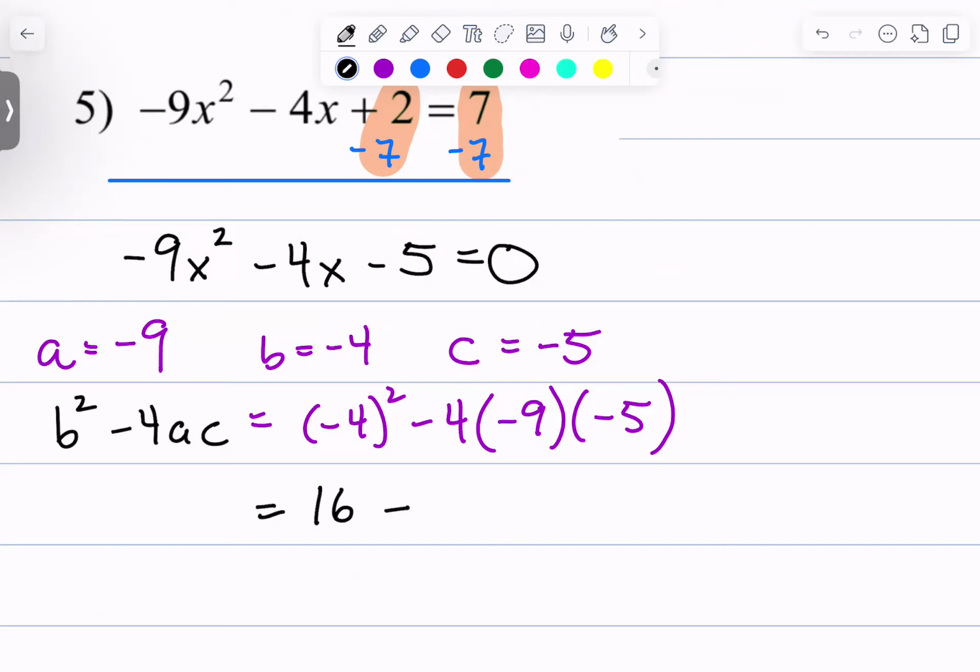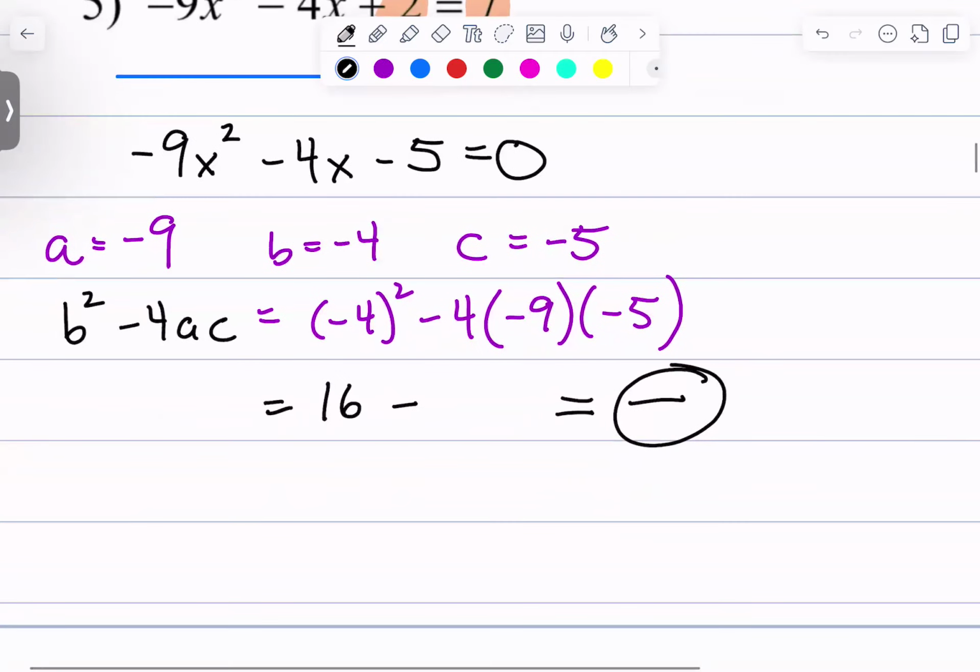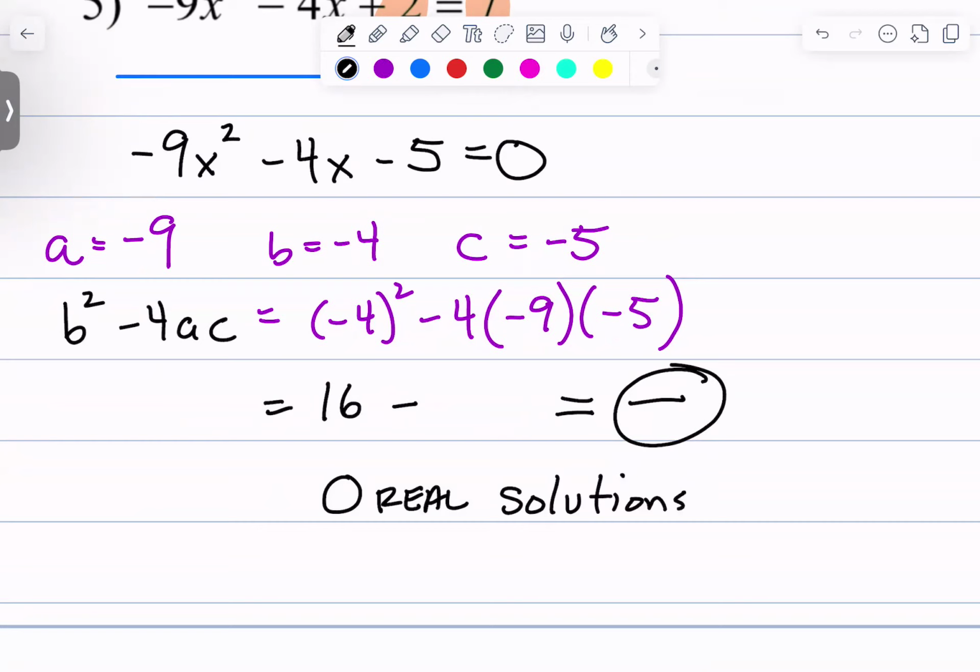I'm going to stop right there, because I know it's 16 minus a number bigger than 16, correct? So 16 minus that number is going to be a negative value. I don't care what the number is. All I care about is if it's greater than 0, less than 0, or equal to 0. Since that's negative, I have 0 real roots, or real solutions. And I'm done.